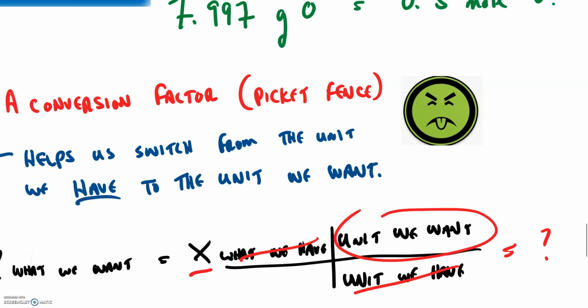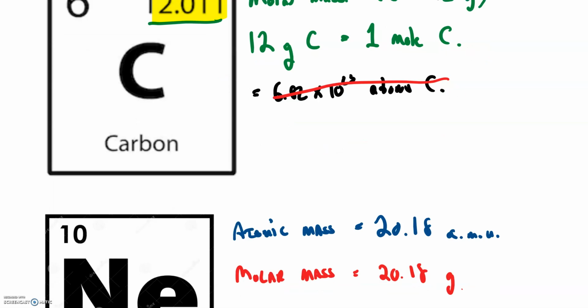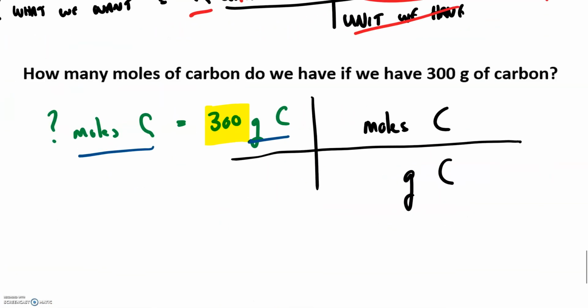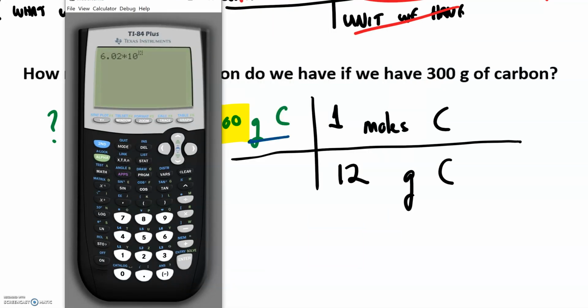And we know from this guy that there are 12.011 grams. Feel free to round. We'll round that to 12 in 1 mole. So that goes right here. In 1 mole, there are 12 grams. Here's our calculator. Let's move this over here so we can see what I'm doing.